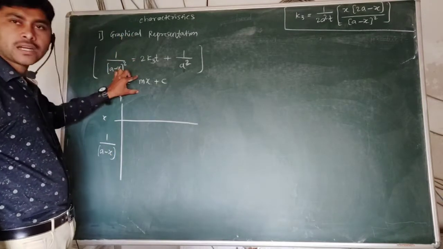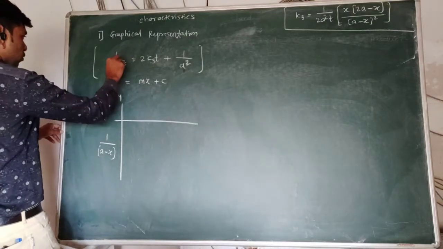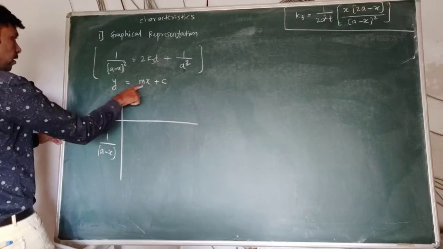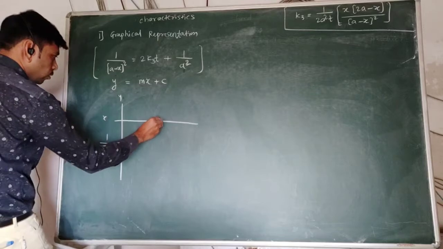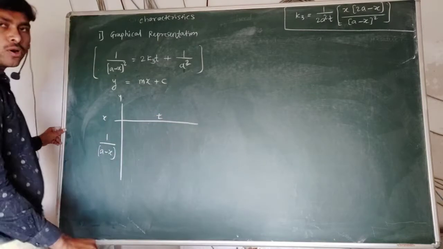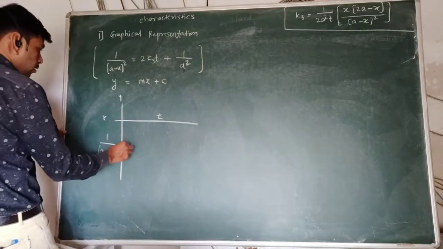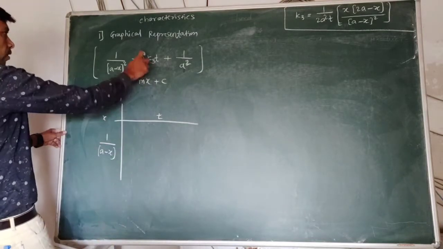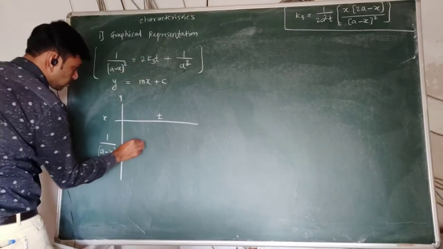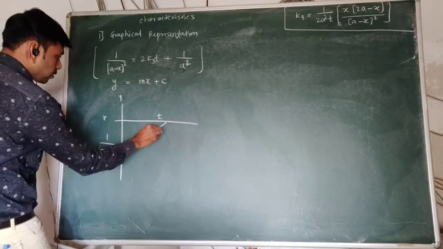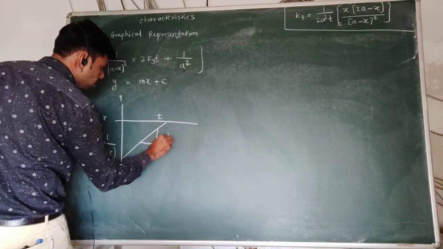It follows the equation of straight line, that's why the graph must be a straight line. m is the slope 2k3 and x is the t, so on the x axis we plot the time. In this manner the graph we obtain, and the slope of the graph represents the value of slope.